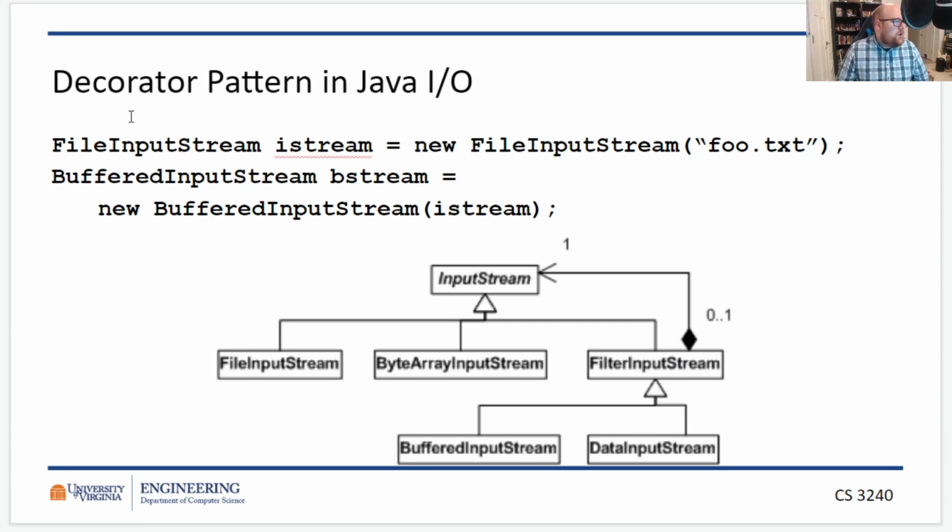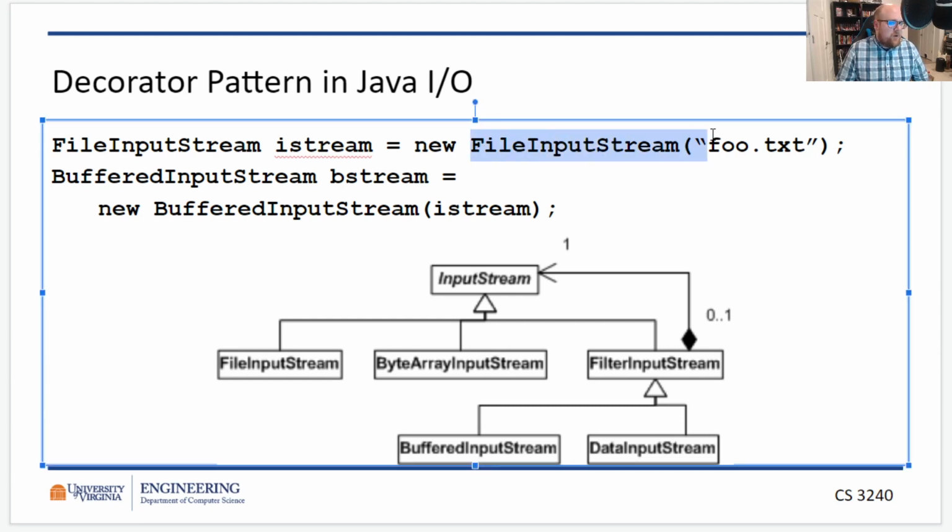So you might do something like a file input stream, and then you might do a buffered input stream on top of it. Notice iStream is a file input stream, on top of iStream. So you start with, okay, here's your file input stream. And then you wrap that, you put that inside of another object called a buffered input stream. And you've probably seen something like this before.